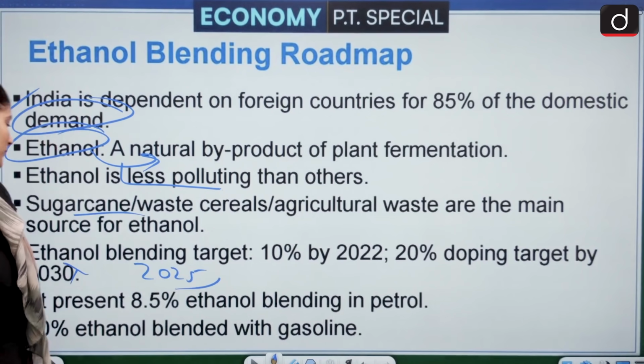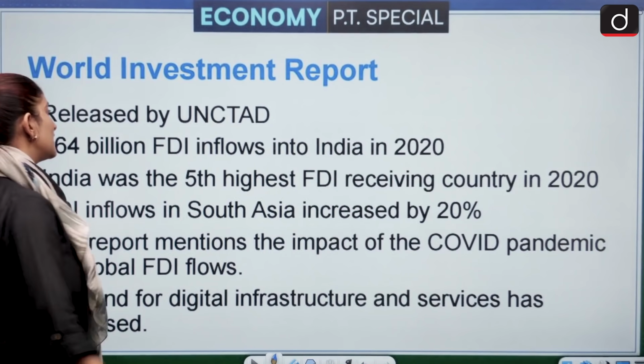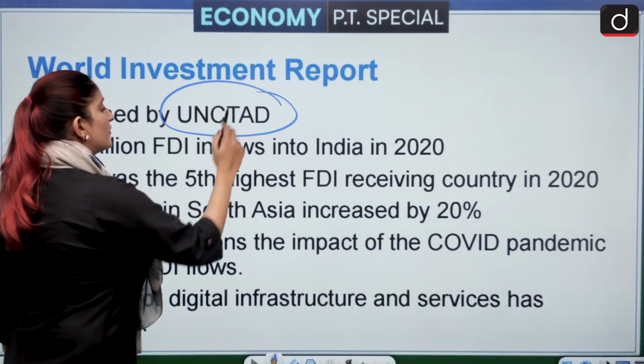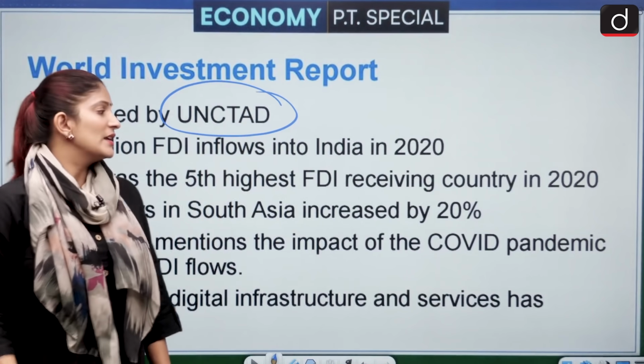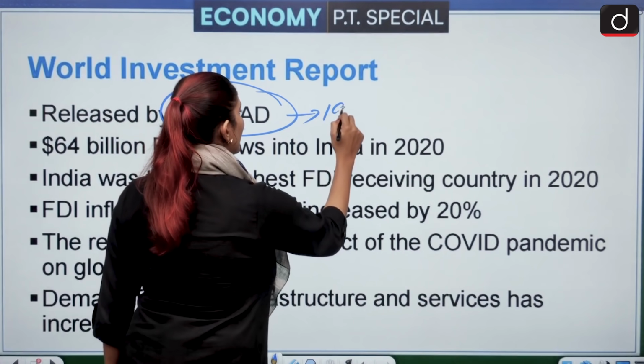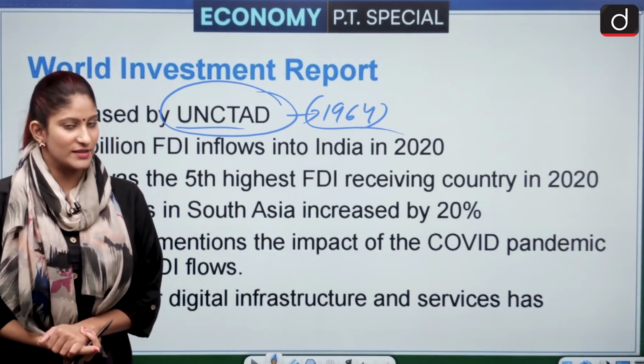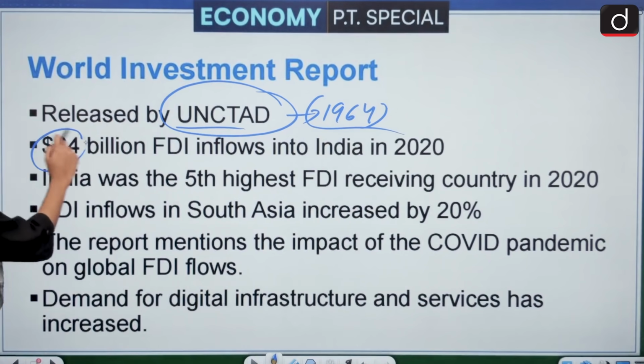Okay, let's move forward and talk about the World Investment Report, which is released by the United Nations Conference on Trade and Development. UNCTAD was established in the year 1964. It is headquartered at Geneva, Switzerland. So, $64 billion of foreign direct investment inflows have been registered into India in 2020, which makes India the 5th highest FDI receiving country in 2020.